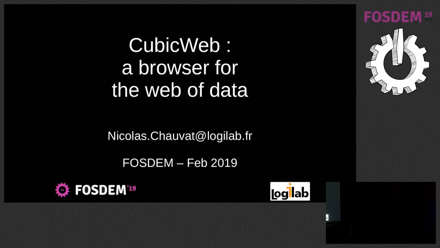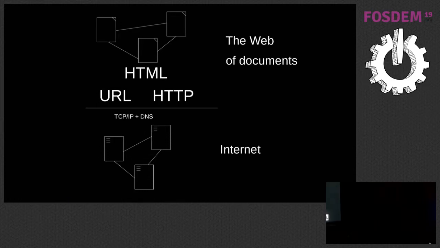I'll be describing our ideas for a browser for the web of data. Here is the problem. You have the internet, which is a network of computers that are using TCP/IP and the DNS. And the DNS is a way to name the computers.